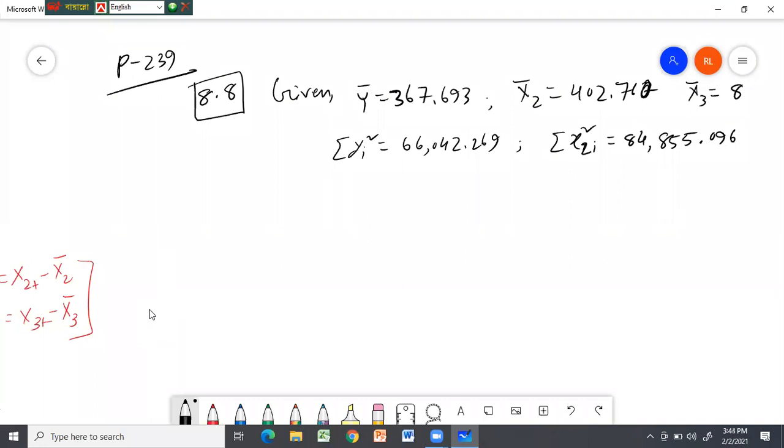And then you are also given sum of x3i square is equal to 280. Sum of yi into x2i is equal to 74,778.346.